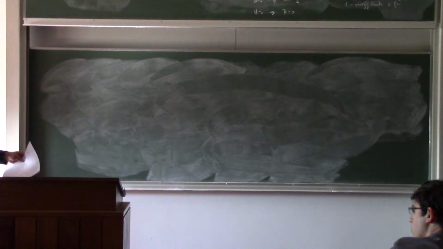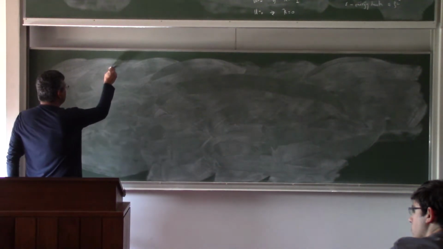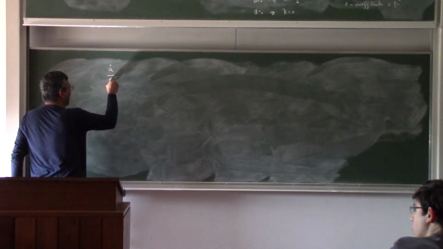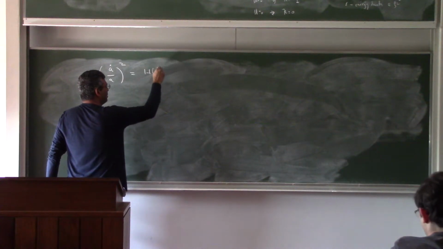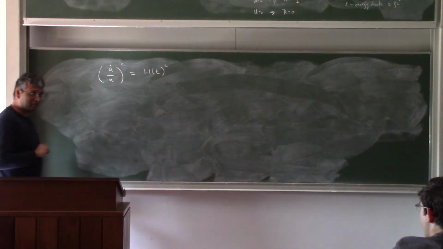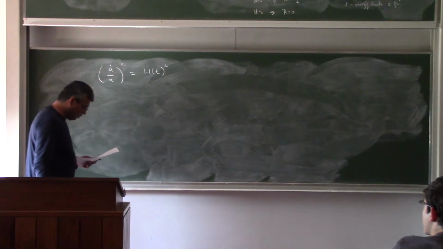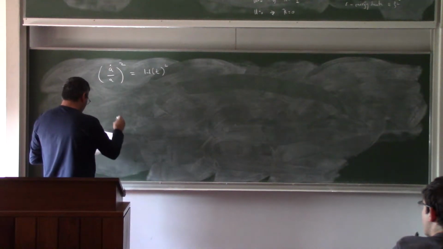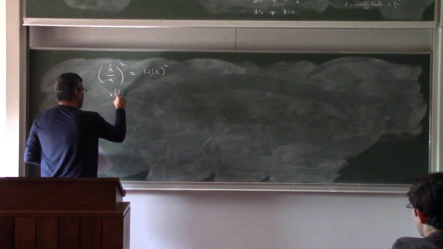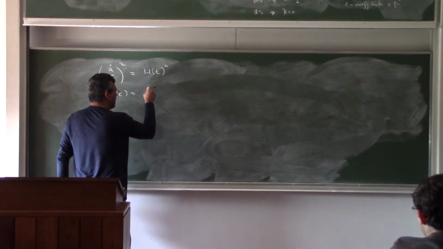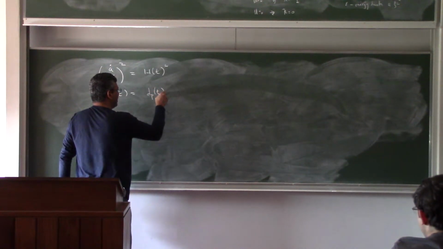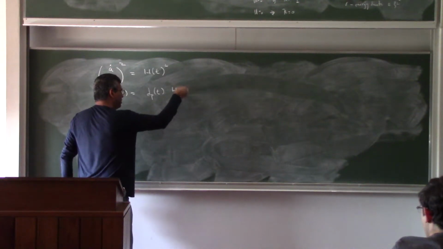Okay, so we notice the Friedmann equation involves a dot over a squared, and this is of course the same as H of t squared. We remember from last time that velocity is the rate of change of a proper distance, and this equals d of t times H of t.